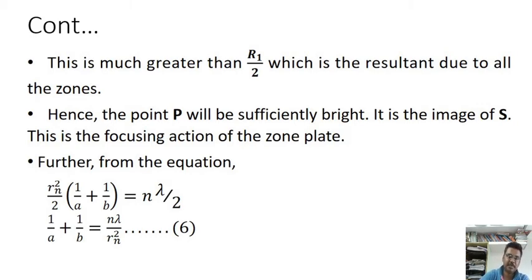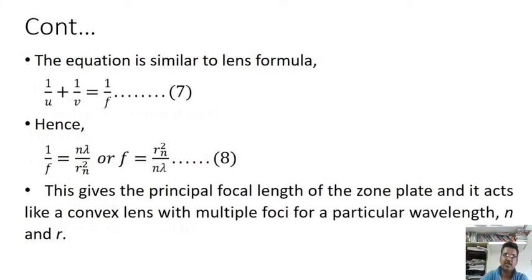Hence, from these equations, we get 1 by a plus 1 by b is equal to n lambda by Rn square. This equation is similar to the lens formula, that is 1 by u plus 1 by v is equal to 1 by f. Hence, we can relate 1 by f is equal to n lambda by Rn square, or f is equal to Rn square by n lambda.